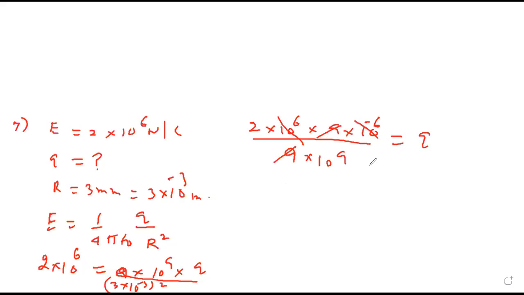Q equals 2 into 10 raised to minus 9 coulomb. That is the same as 2 nanocoulomb. Option A.